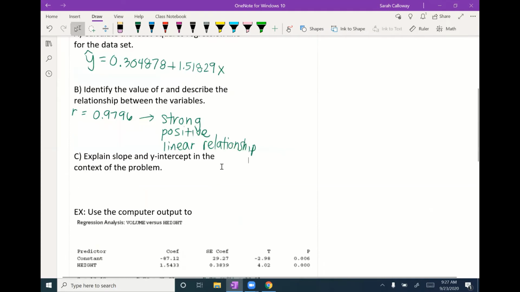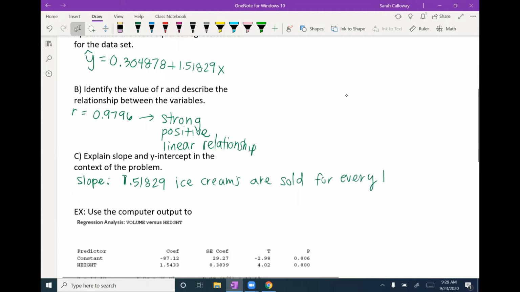Okay, so I'm going to write over here our slope. Our slope means then that 1.51829 ice creams are sold for every 1 hour of sunshine.